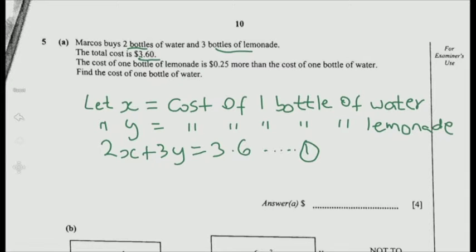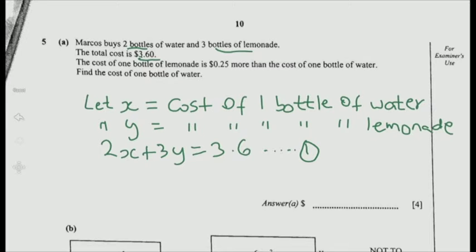Then, looking at the second statement there, the cost of 1 bottle of lemonade is 0.25 more than the cost of 1 bottle of water. So you can write that statement in terms of x and y.